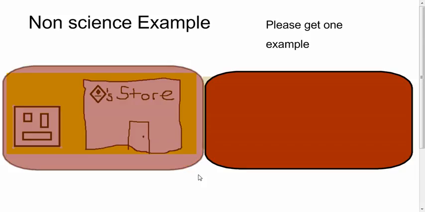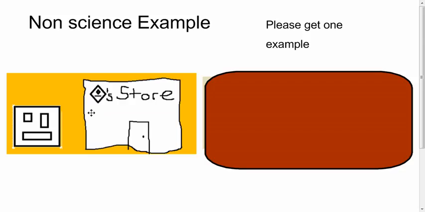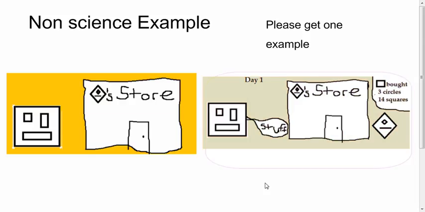So let's say Dr. Square goes to this guy's store. On the first day, you can see that Dr. Square bought some stuff, and he bought 3 circles and 14 squares.